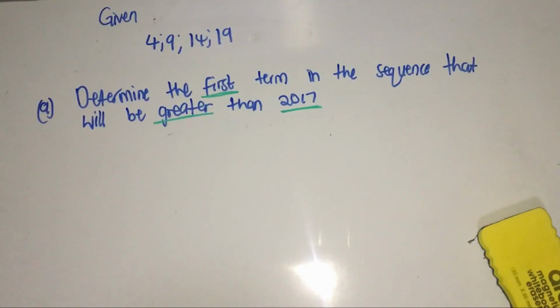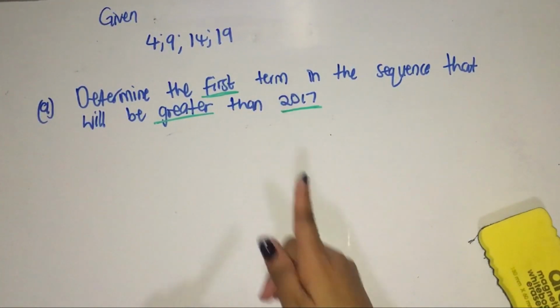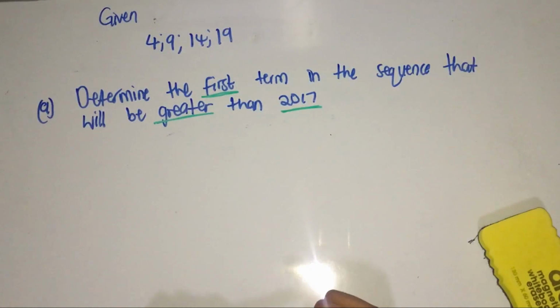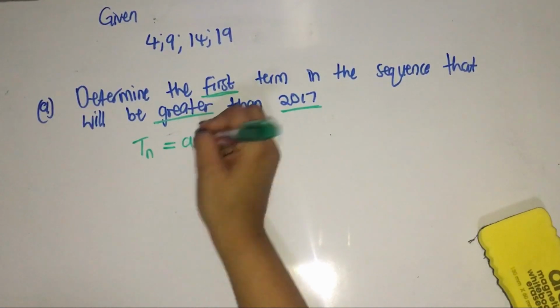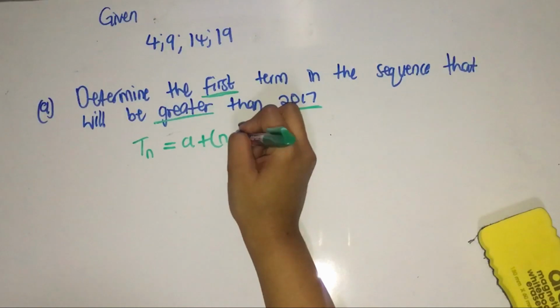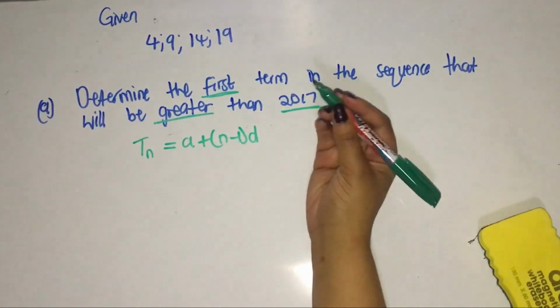So our next question is as follows. Given the sequence of 4, 9, 14, and 19, determine the first term in the sequence that will be greater than 2017. Now the first thing that we need to do here is to remember this formula. We have Tn is equal to a plus n minus 1 multiplied by d, which is the difference.